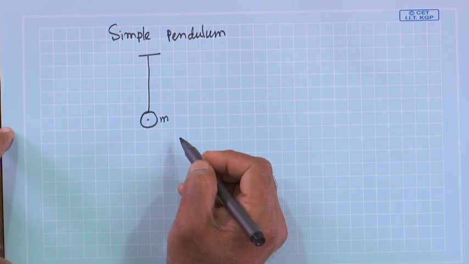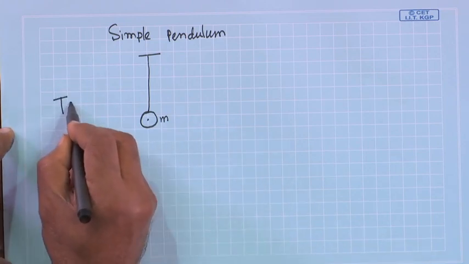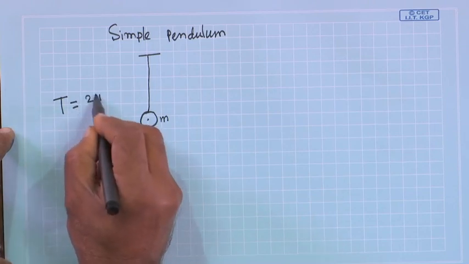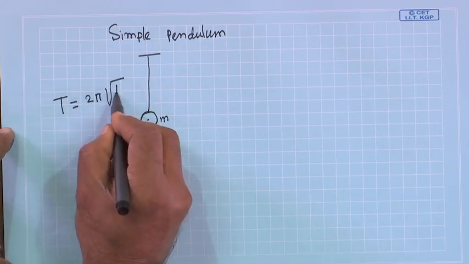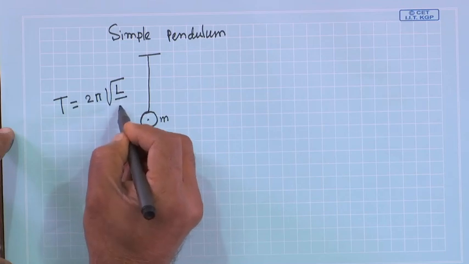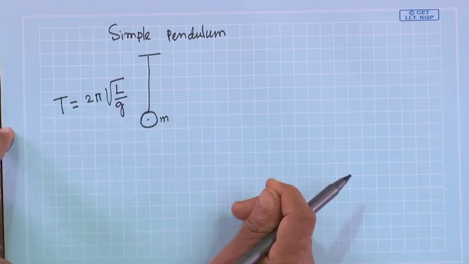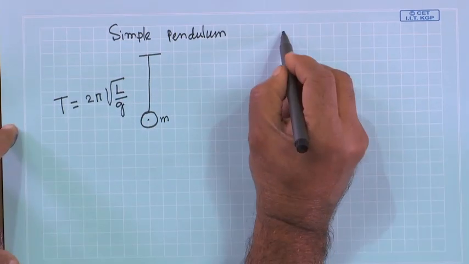Then its time period is T equal to 2 pi square root of L by g, right.